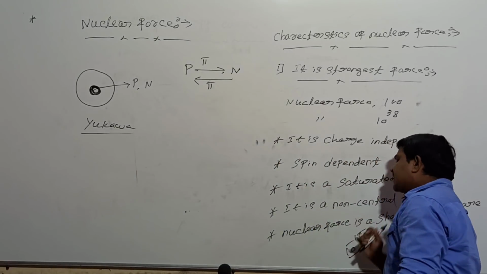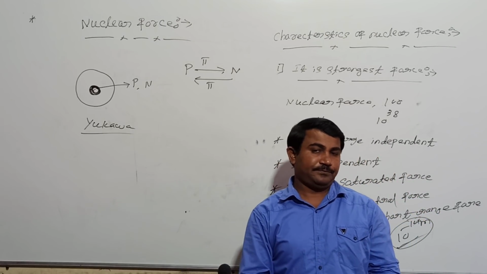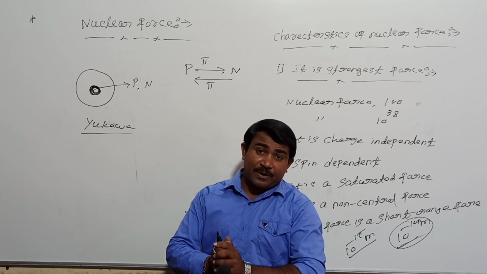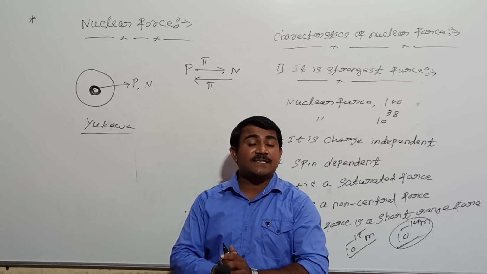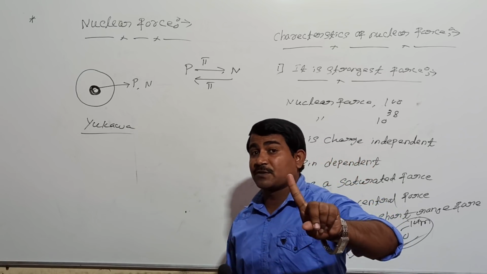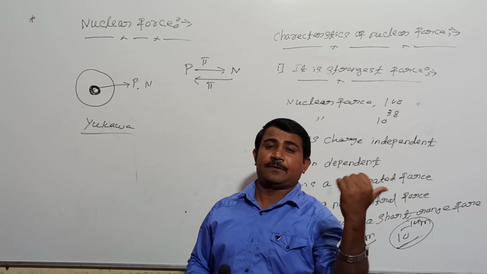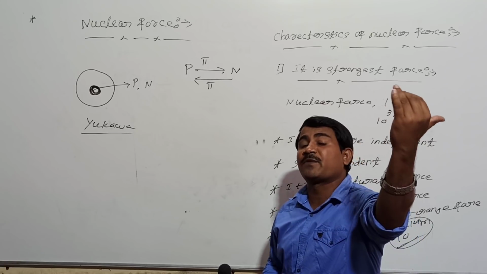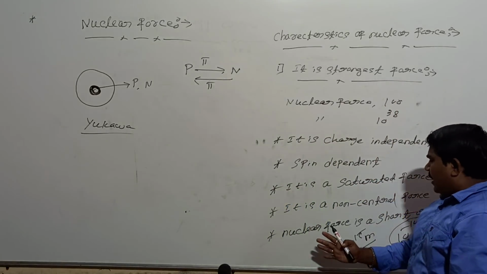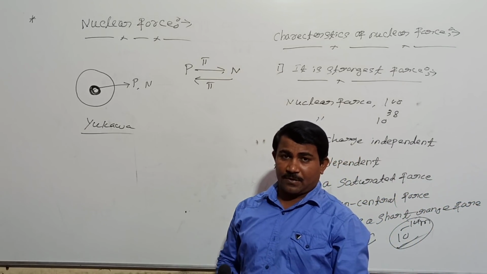Then when does repulsive force exist, and when does attractive force exist? If the distance between the two nucleons is less than 0.5 into 10 to minus 15 meter, repulsive force arises. And if the distance is more than 0.5 into 10 to minus 15 meter, then attractive force arises. So as the distance changes, the nuclear force changes.